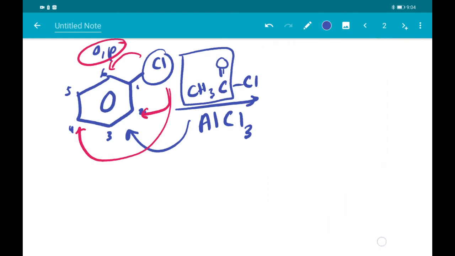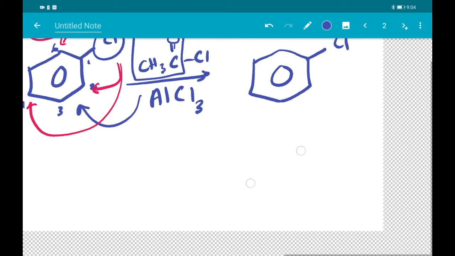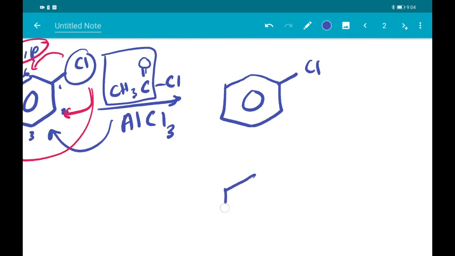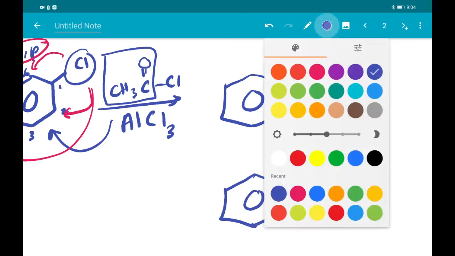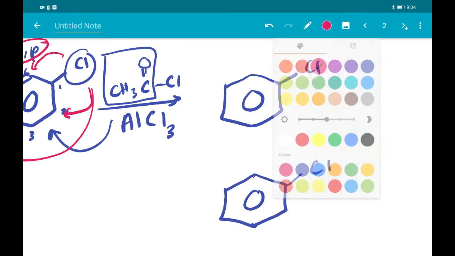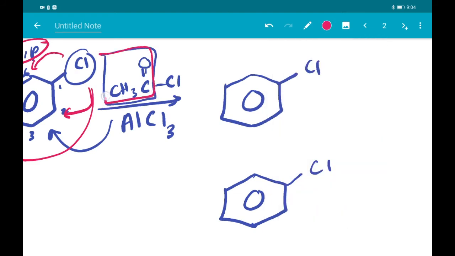So if we draw back the structure, it will be looking like this. We have the benzene and then we have the chlorine. Okay, there will be two products. Okay, the benzene and also the chlorine. So what's going to happen is the CH3C double bond O will be inserted here.